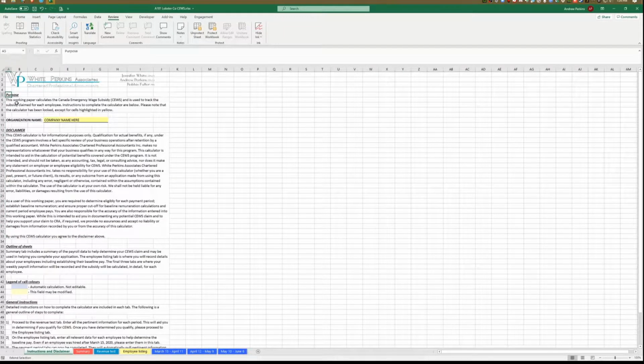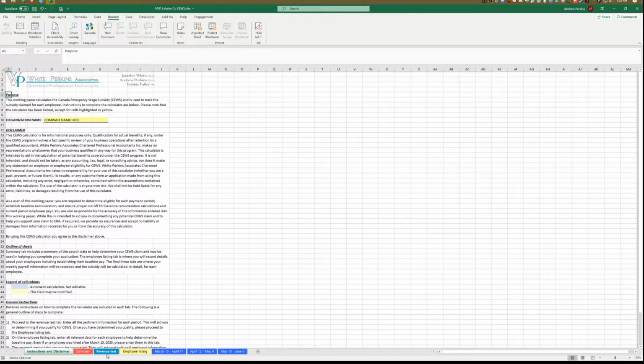So here we see version 2.0 of our wage subsidy calculator. The calculator is broken down with a number of tabs, which you'll see below. The first is an instruction and disclaimer tab. The second is a summary tab, which provides information based off of all the information and data you enter into the following tabs, which you can use to help complete your application with CRA.